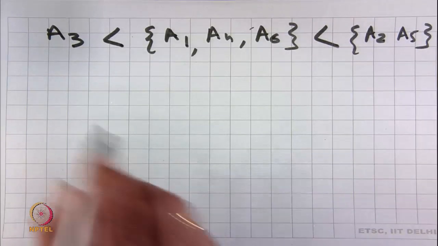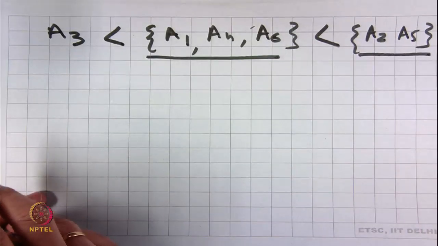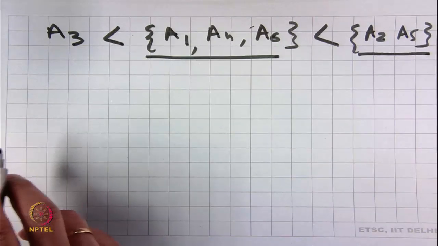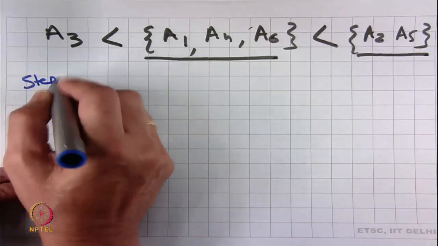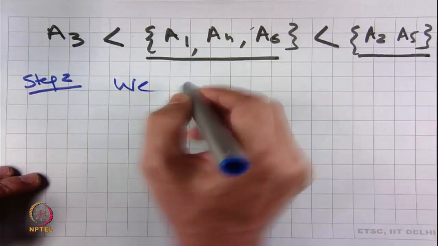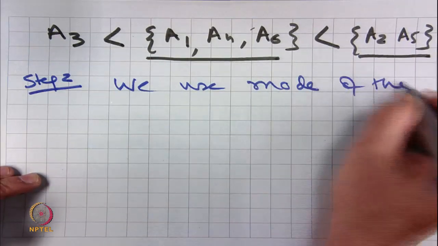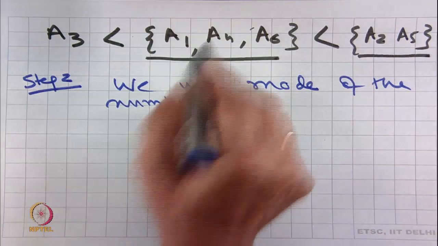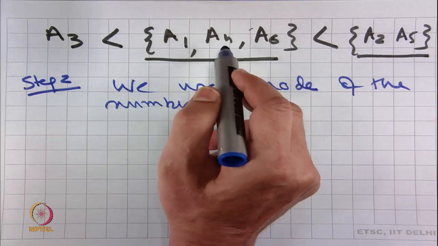So, we got some partial order, although we find these are tied at the same place because of the same value of removal. Therefore, in step 2, we use the mode of the numbers. What is the mode? The mode is the point where the fuzzy number gets the highest membership value.